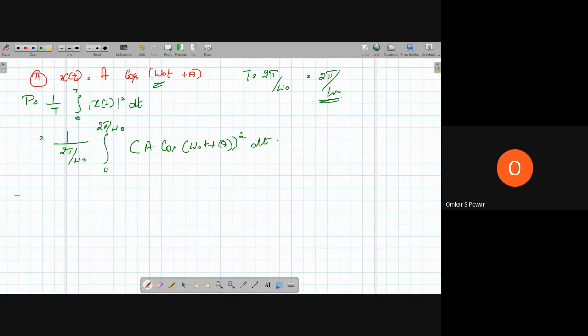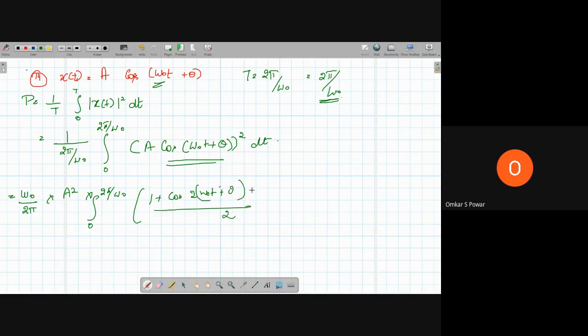So omega naught by 2 pi into A square outside into integral of 0 to 2 pi by omega naught cos square omega naught t plus theta, which is again 1 plus cos 2 theta by 2.